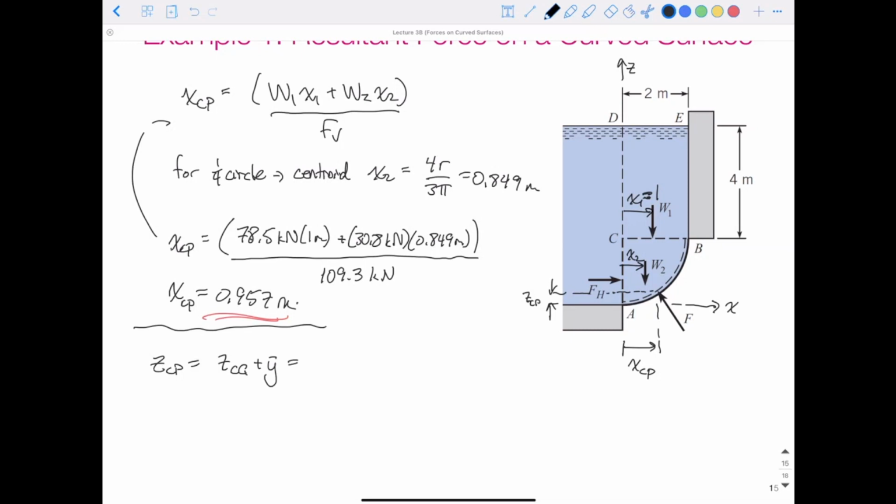Z center of gravity, we could also just say H center of gravity, plus Y bar was IXX divided by H center of gravity times the area of the horizontal projection.